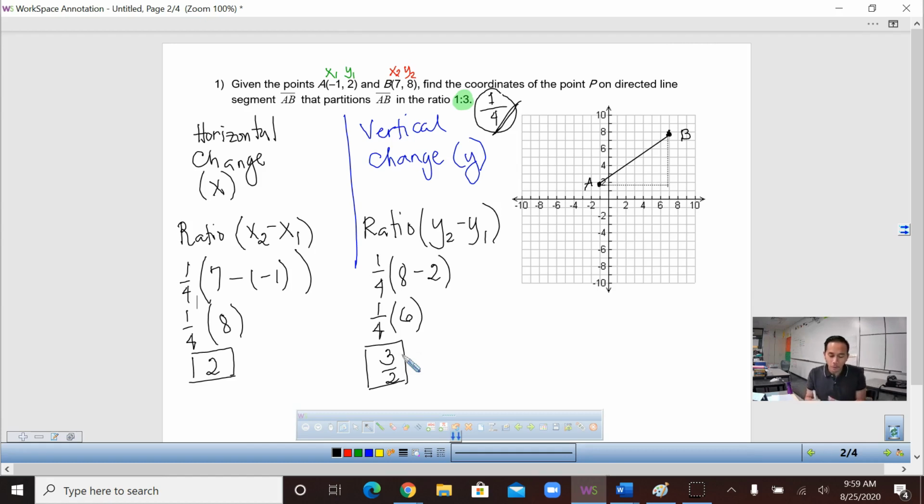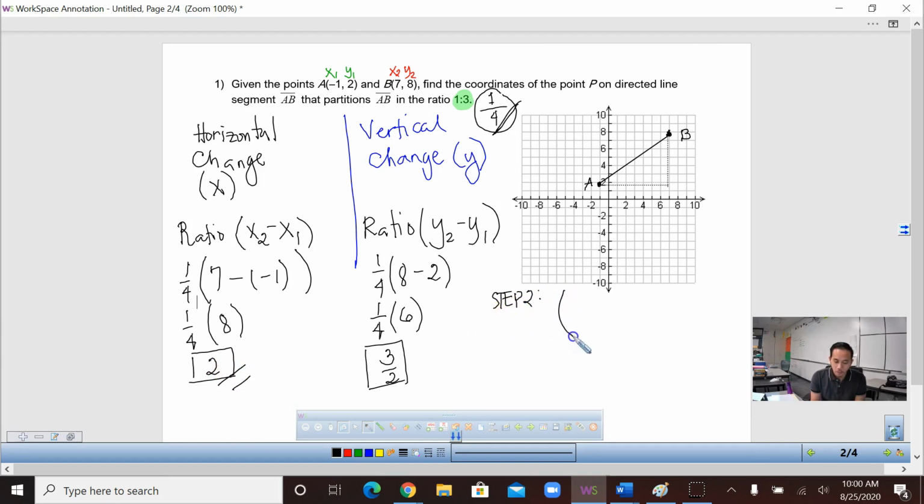Now, what we are going to do now is, it says there that we have to partition from A going to B at a ratio of 1/3. So what I'm going to do is to find the point using the horizontal change and the vertical change. So your step 2, okay, step 2, I'm going to get the horizontal change, which is 2.